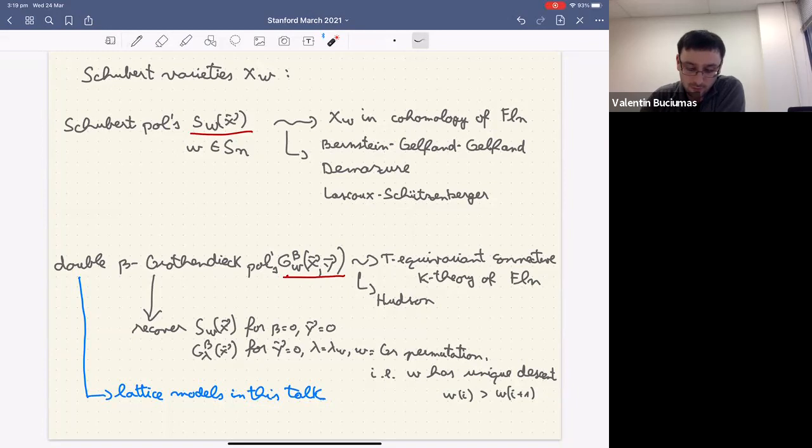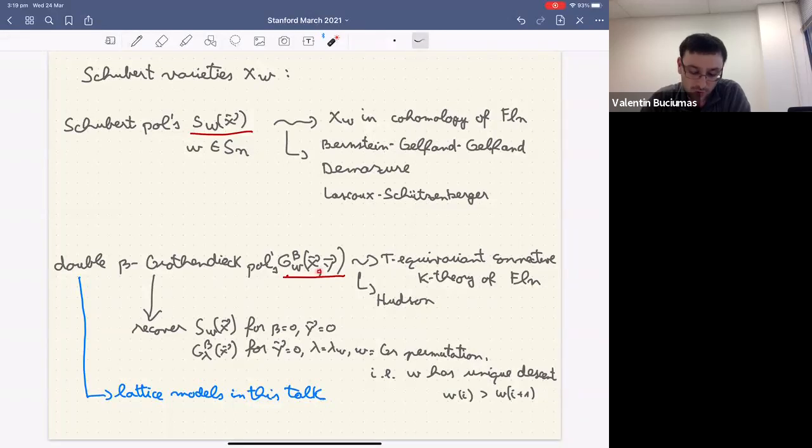And then in some more complicated setting, one may consider the T-equivariant connective K-theory of the flag variety. And in here, these Schubert varieties will be represented by what's called double beta Grothendieck polynomials. So these polynomials depend on an element w in the symmetric group.